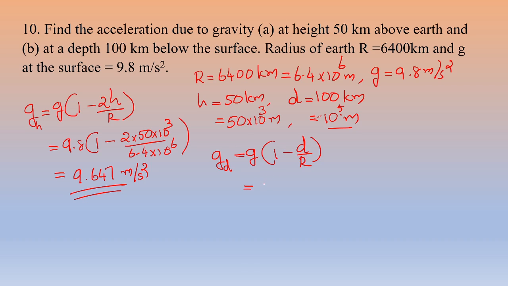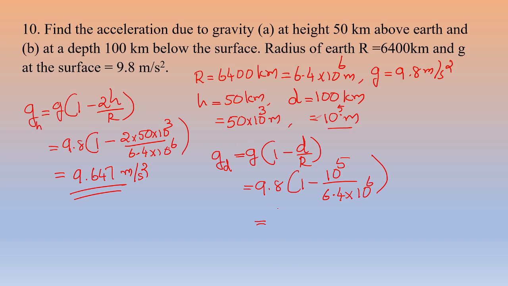Again substitute, that is g 9.8 into 1 minus d is equal to 100 km, that is 10 raised to 5, divided by the radius 6.4 into 10 raised to 6. So you can also compare these values with the value of gh.